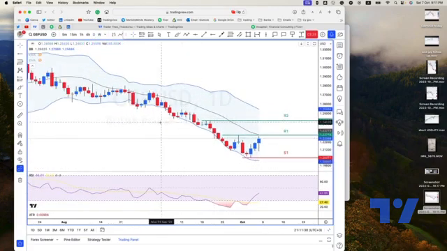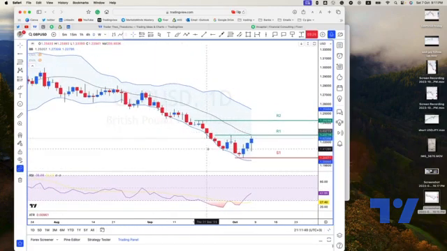Now, I'm a big fan of Bollinger Bands, and in my trading, Bollinger Bands are the only indicator I use on the candles, and the RSI I use for some momentum and entry criteria.